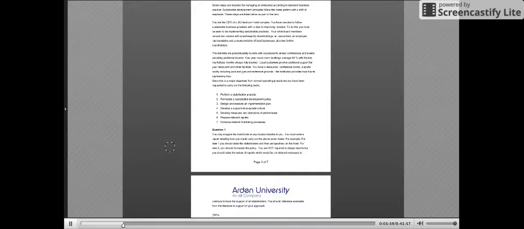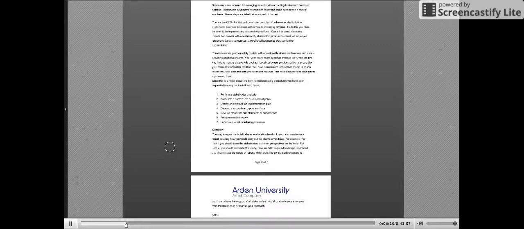So, for example, preparing relevant reports, you may just be stating what sort of reports you're going to prepare, what's going to be within them, and how that links to sustainability, along with perhaps a couple of references. Other areas are going to be a little bit more detailed, such as developing a supportive culture and looking at implementation plans.